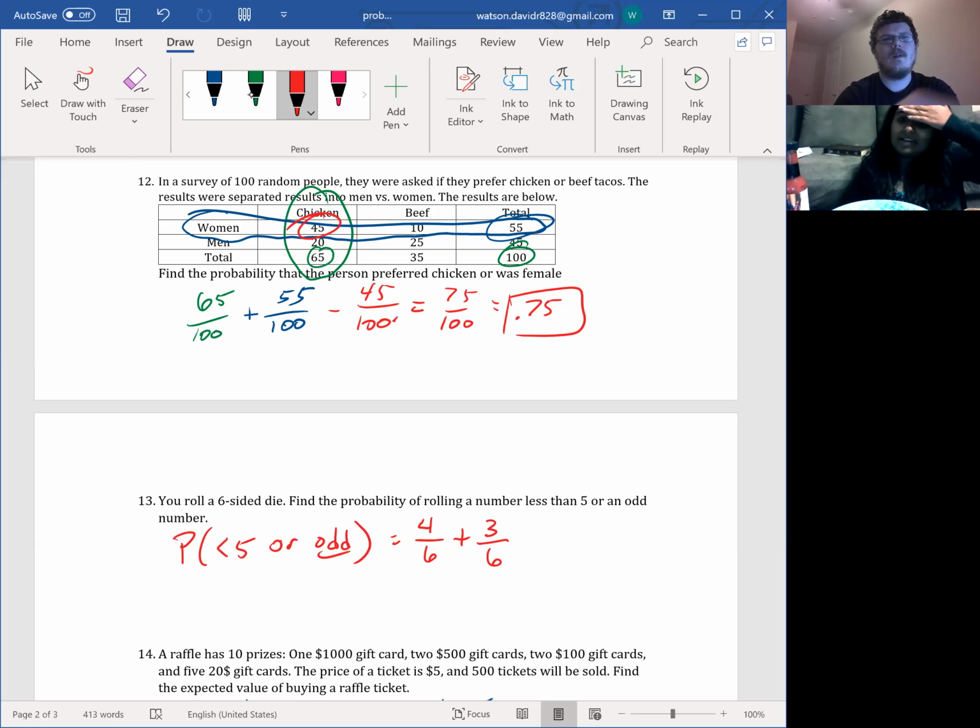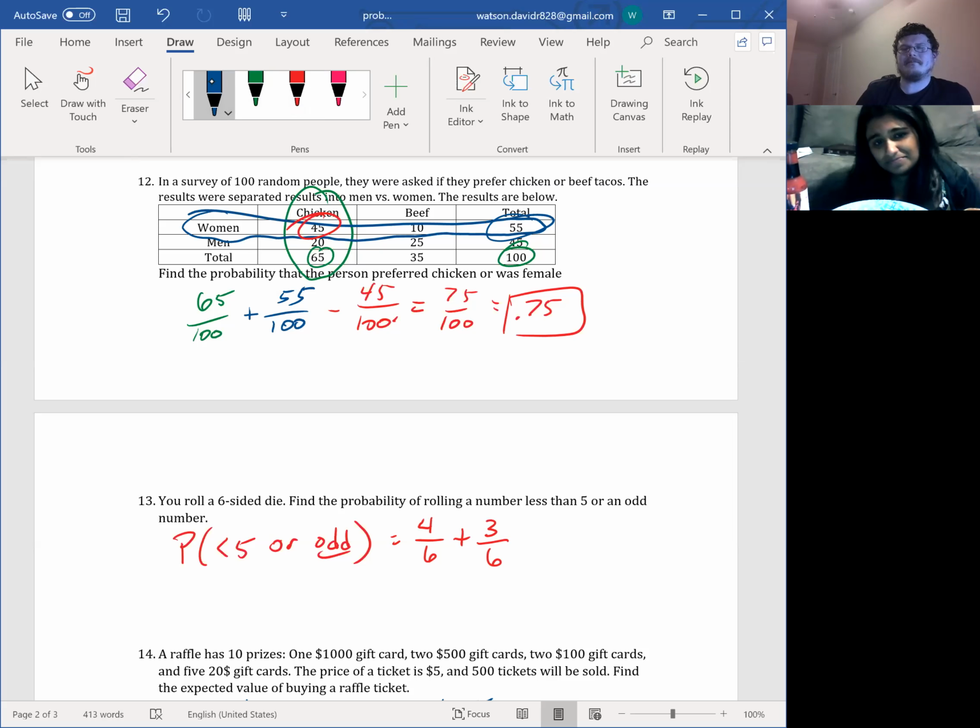Oh my gosh, I'm like sweating and shaking all at the same time. Okay, now you want to think about how many numbers are overlapping. So 1, 2, 3, that was for the first one. And then we repeated 1 and 3 when we were talking about odd numbers.